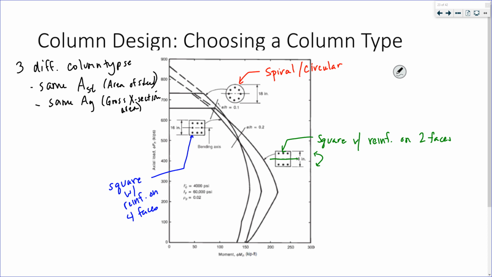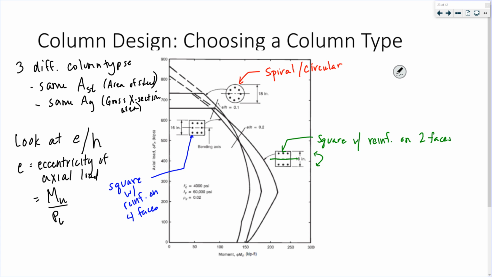We're going to look at the ratio of the eccentricity e to the cross-sectional dimension h. e is the eccentricity of our axial load, it's equal to our moment divided by our axial load.